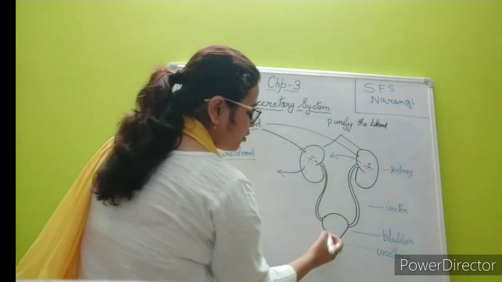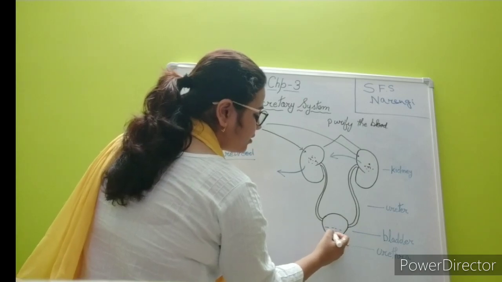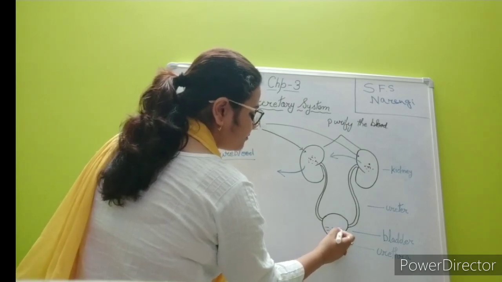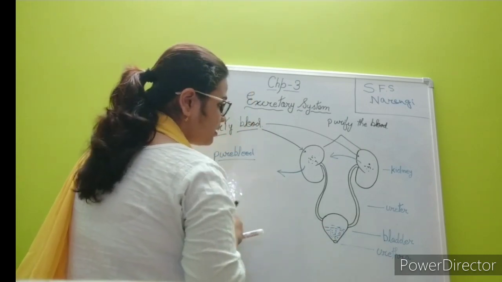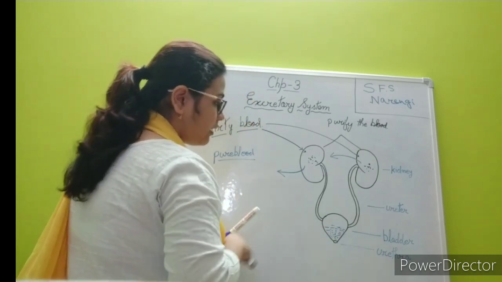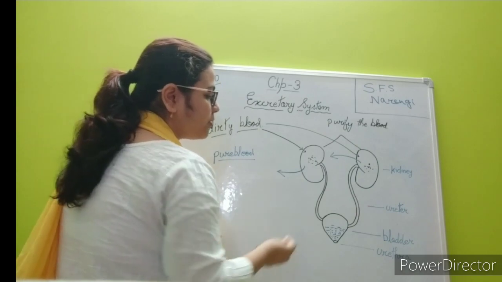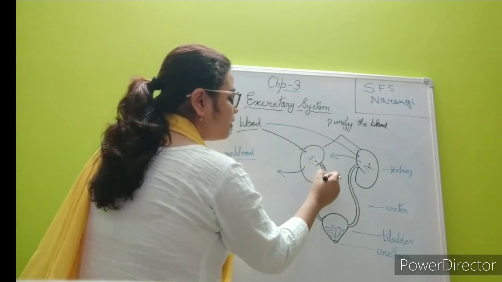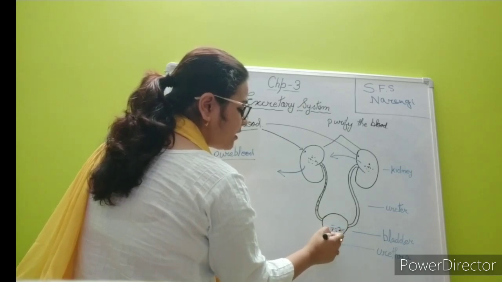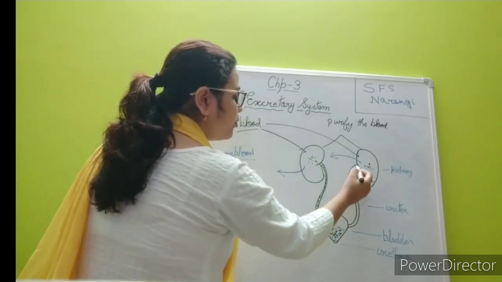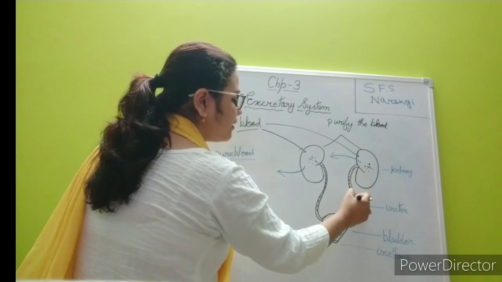It moves through the ureter to the bladder. Okay, these dirt particles are sent to the bladder through the ureter by the kidney. Now you must be thinking, why is Mrs. drawing this blue ink and black ink over here in the bladder?